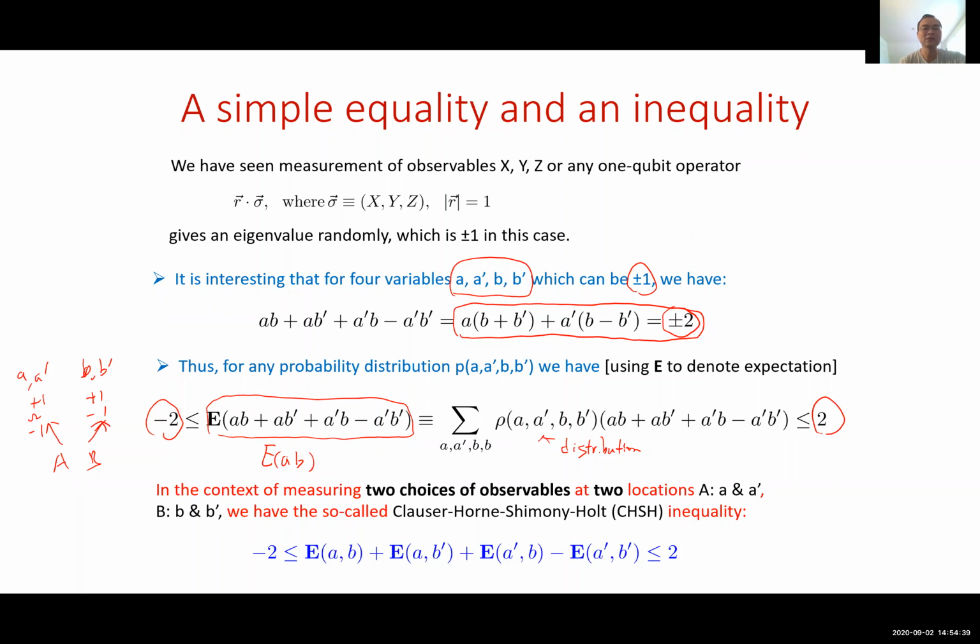For a classical object, you always get such a combination in this value. Okay, and this is easy to remember that you use A prime, B prime. This is plus, and this is minus. Okay, so this is where that is.